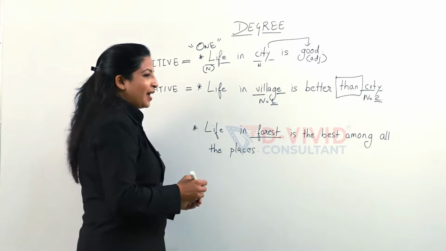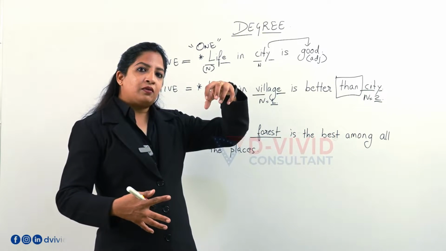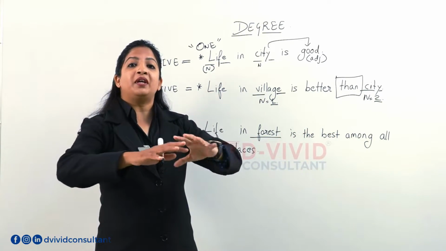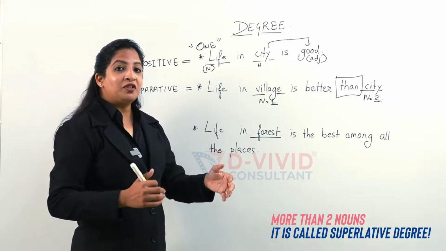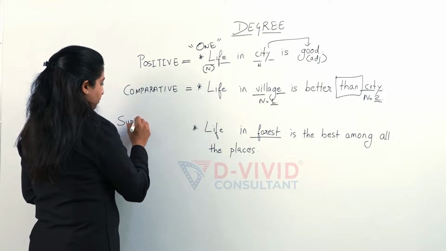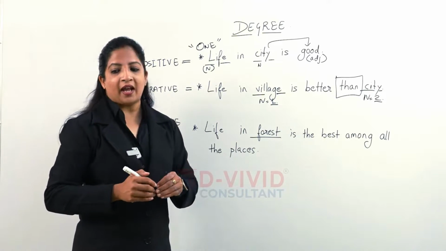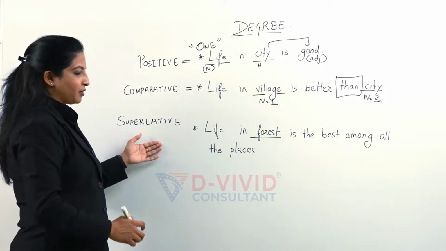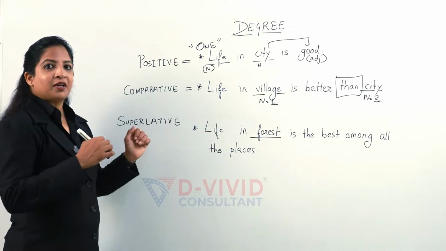So when I have taken out one noun out of a lot of nouns, I have used the superlative degree. This is known as superlative degree.